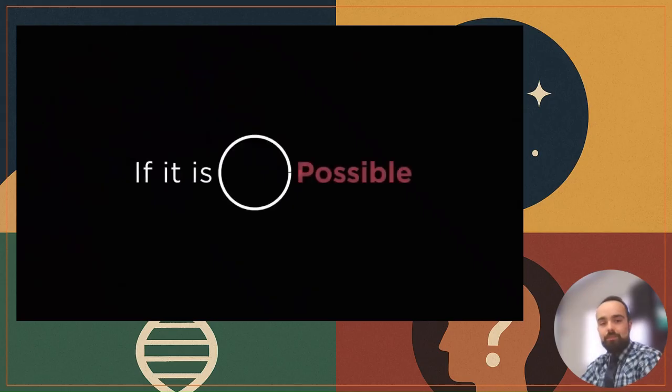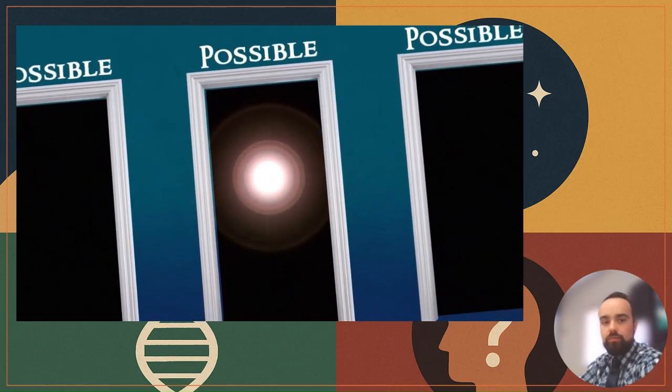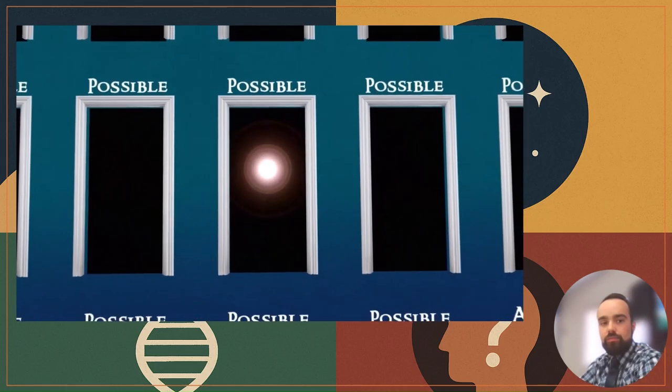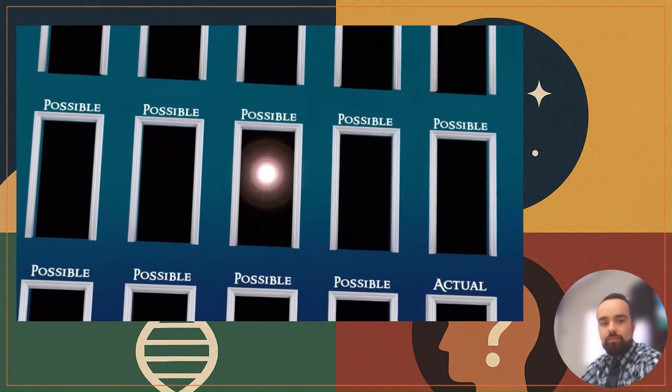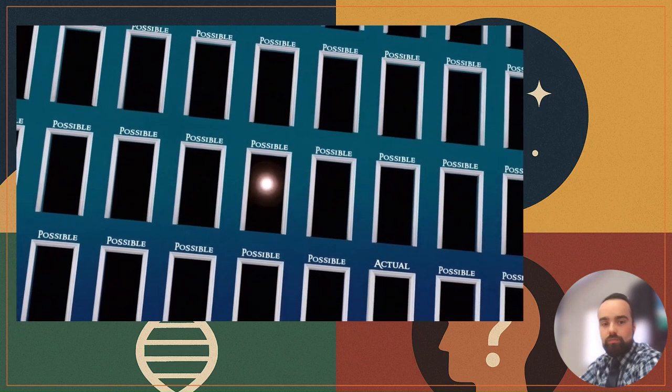So we'll keep going on the video. So if it is possible that a maximally great being exists, then we can say that he exists in some possible world. But wait, a maximally great being would not really be maximally great if it existed in only some possible worlds.